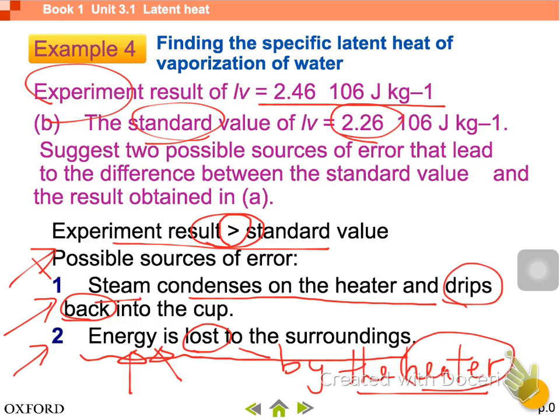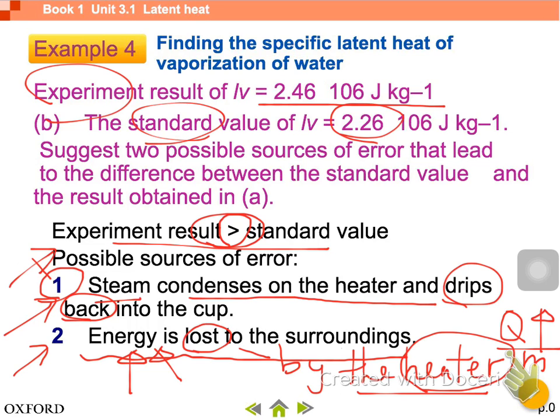So the energy from the heater is directly lost to surrounding, and cannot change water into steam. It needs to be a greater Q in calculation, and then it needs to be a higher value.